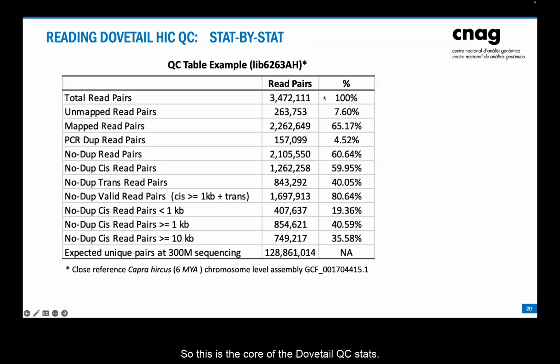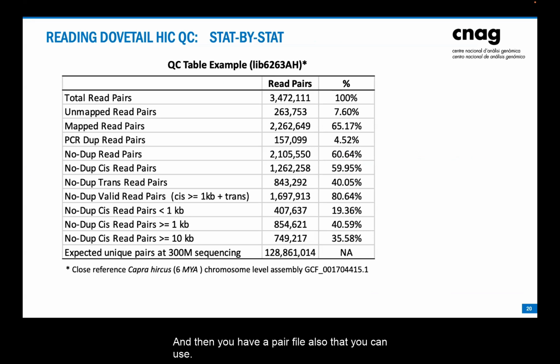So this is the core of the Dovetail QC stats. This is a table, and then you have a pairs file also that you can use. So I will go step by step, explaining the different stats. They are very similar to what you get with Hi-C, slightly different.